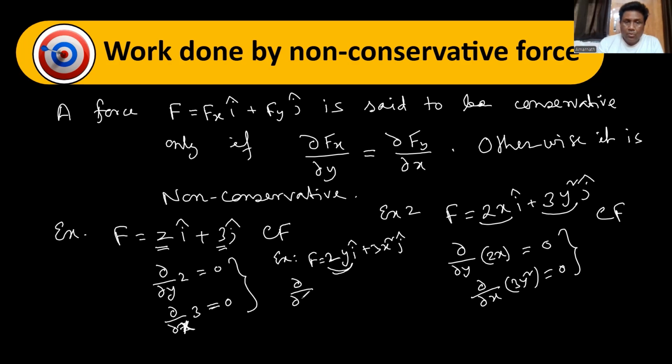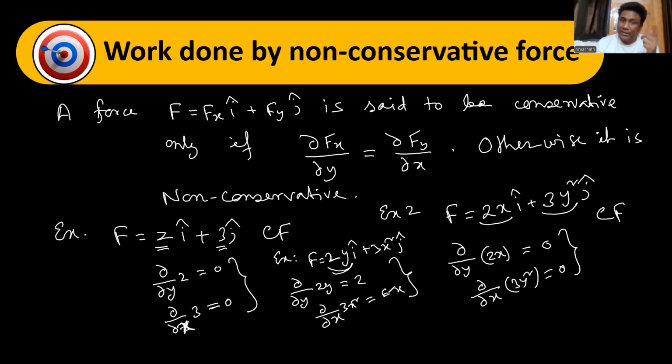Dou y of 2y will be 2, and dou x of 3x square will be 6x. So remember, this is not equal. The first one is 2, the second one is 6x. They are not equal.